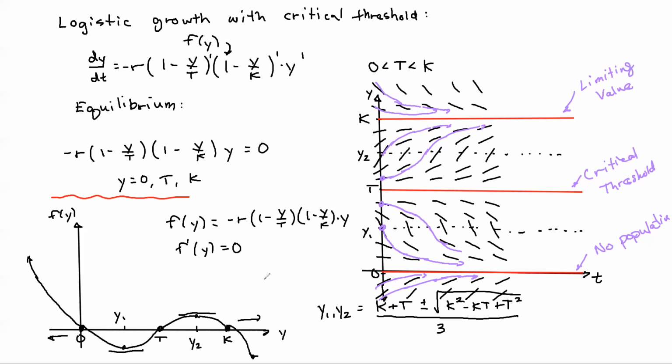Okay, and that's 3 examples of how to start off with an autonomous equation, use it to generate the phase line, and then once you have the phase line, take the phase line information, turn it into slopes, turn those slopes into a direction field, and then draw your curve onto the direction field.